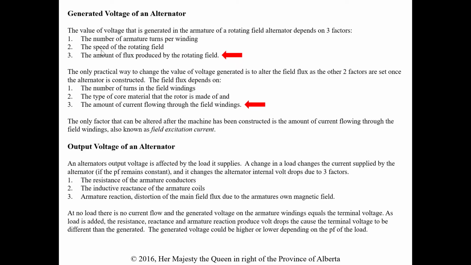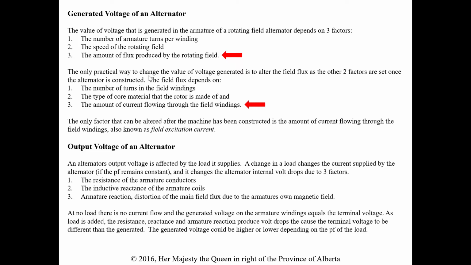The speed of the rotating field, again, we want to have that running at a fairly constant speed. The amount of flux produced by the rotating field. Again, just like we talked about in DC, that's the one that we could potentially change. If we can change the amount of flux produced, and that flux is rotating within those armature windings, we could potentially change the amount of voltage induced in there.